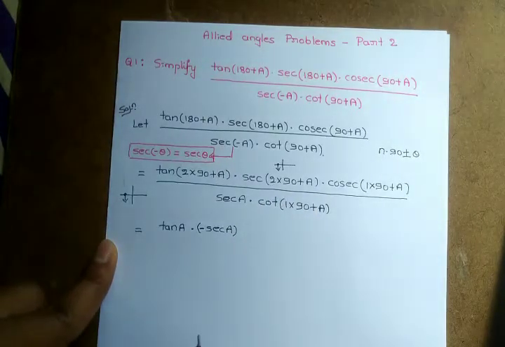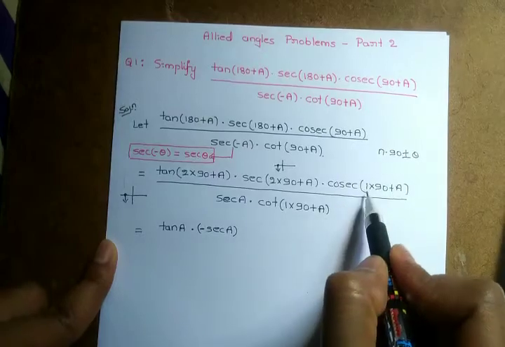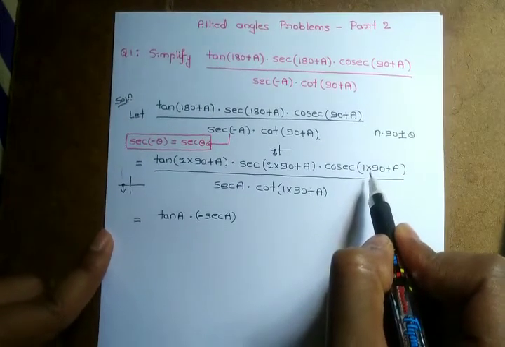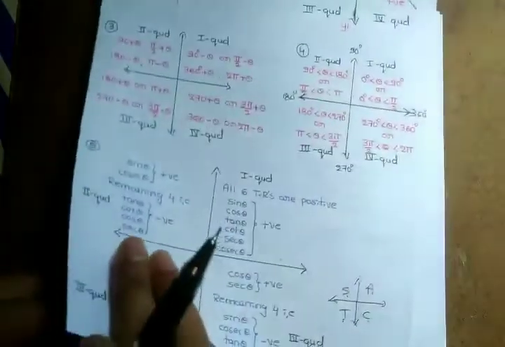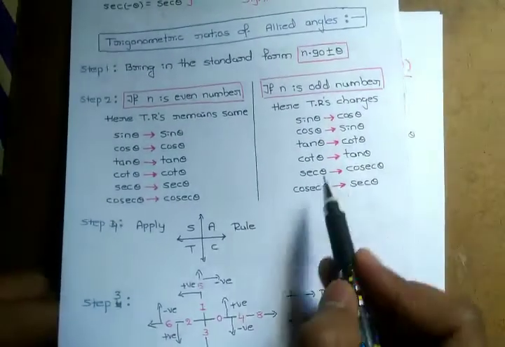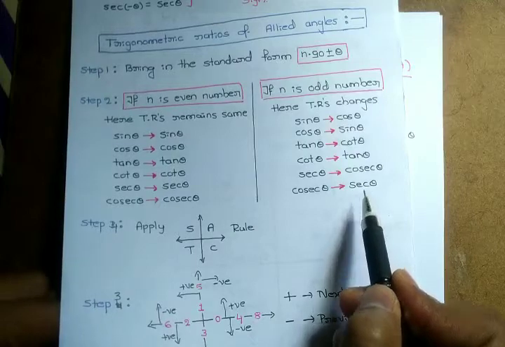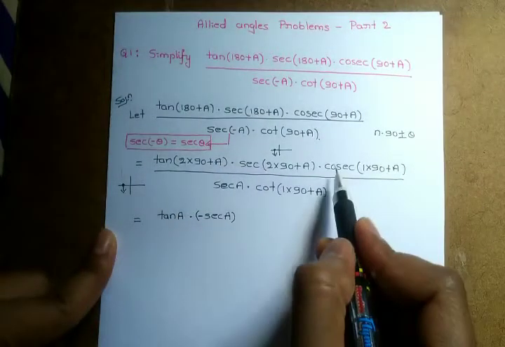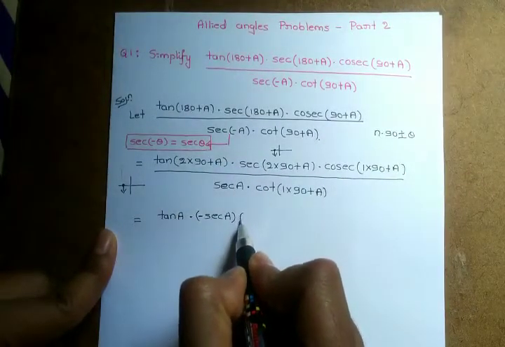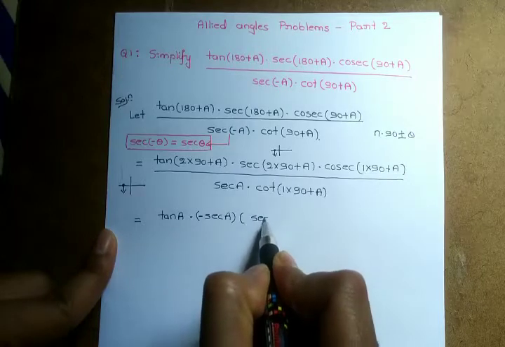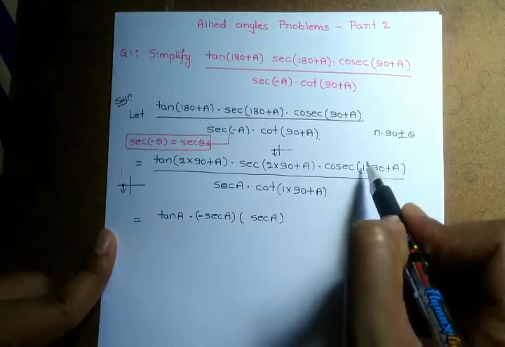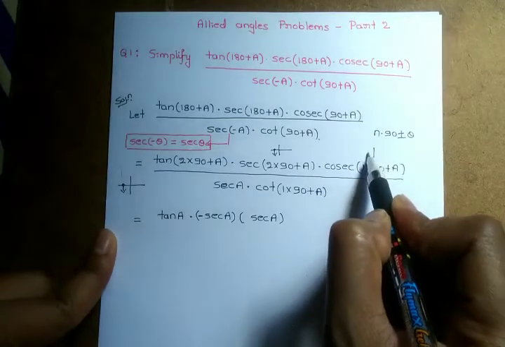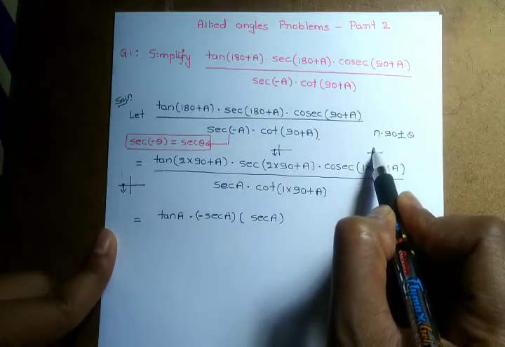Next, here an odd number, correct? Odd number means cosec changes to sec. Therefore you need to change cosec to sec. Again at the end a is there, so keep that a as it is. Next here 1 plus: 0, 1, here it will come.